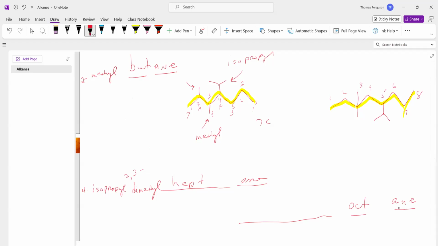So we have two methyl groups on carbon number 3 and an isopropyl group on carbon number 5. So you do 5-isopropyl, 3-methyl.